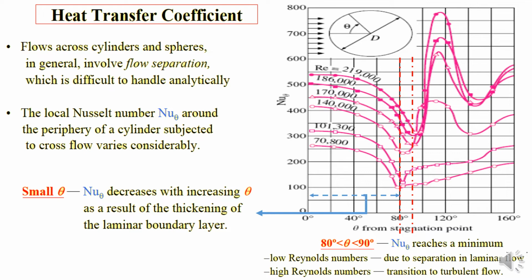It reaches a minimum because of two things. For low Reynolds number, it is due to the separation in laminar flow, whereas for high Reynolds number, it is due to the transition to turbulent flow.